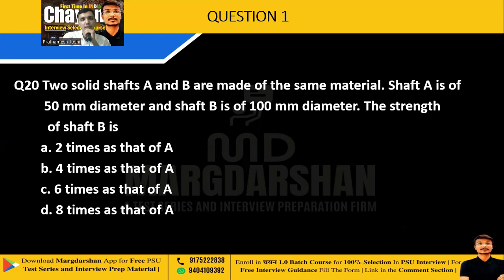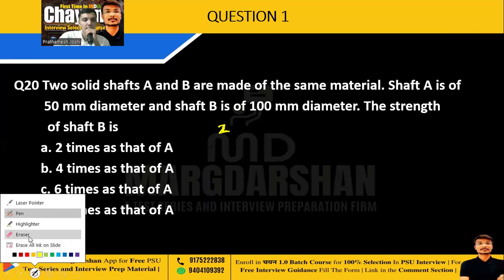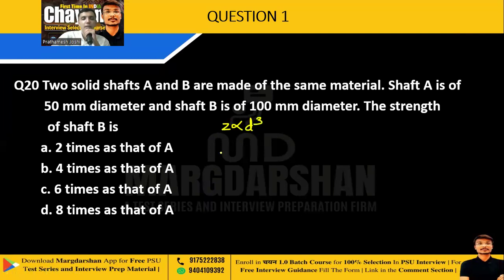The strength of shaft B is, as we had seen, the strength will depend on the polar section modulus Z. So ZB upon ZA equals DB cube upon DA cube, which is 2 cube, 8 times.